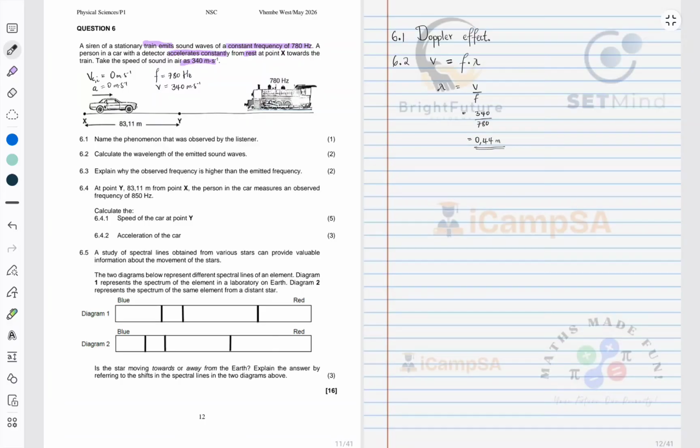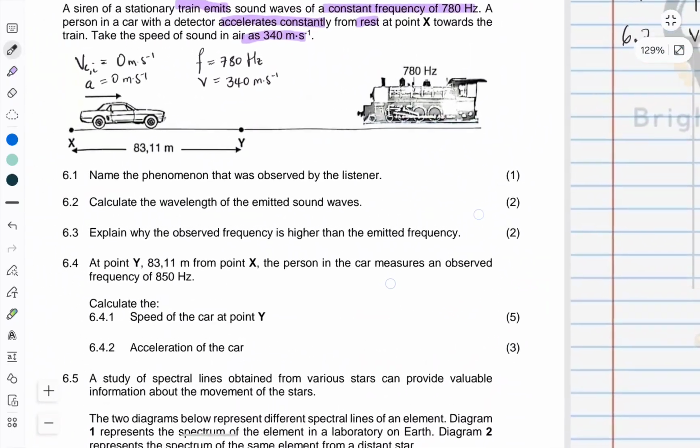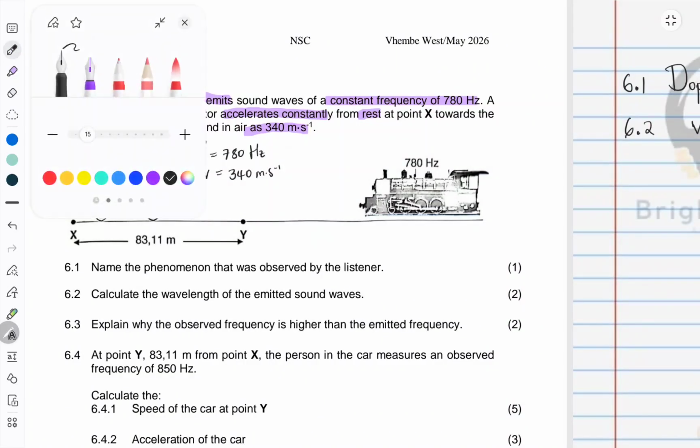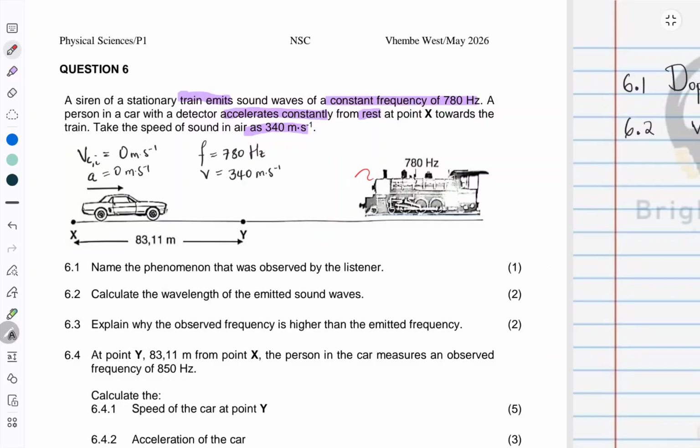All right, so for 6.3, we are asked to explain why the observed frequency is higher than the emitted frequency. The reason for that is, remember, frequency is a measure of how many wave fronts pass a specific point per second.